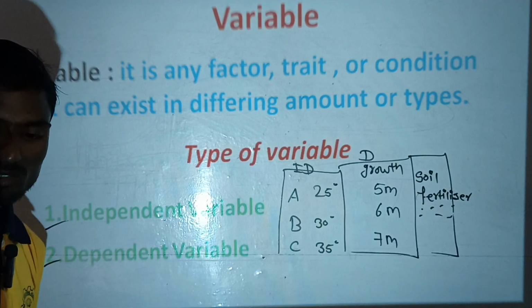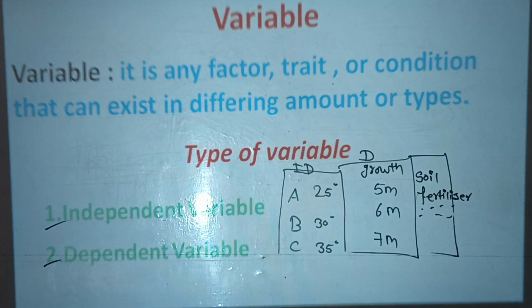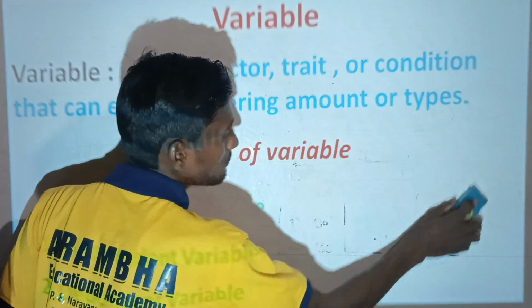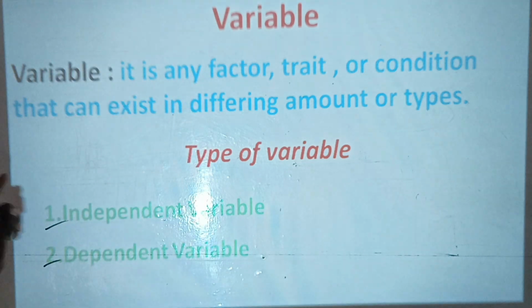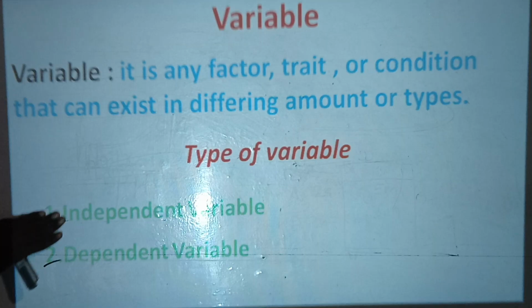I hope you understand it. Let's understand it with another example. I am keeping some examples on the next slide, so I am going to change the slide. Please take a screenshot of the slide now.